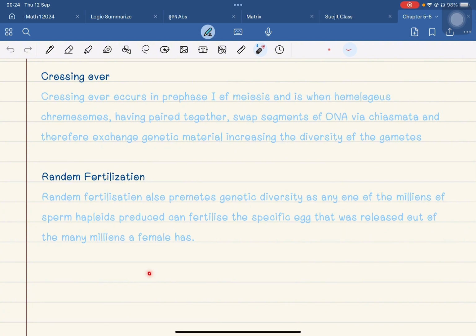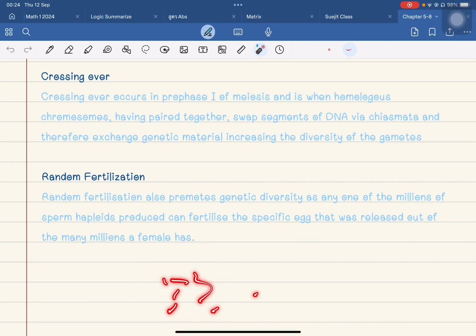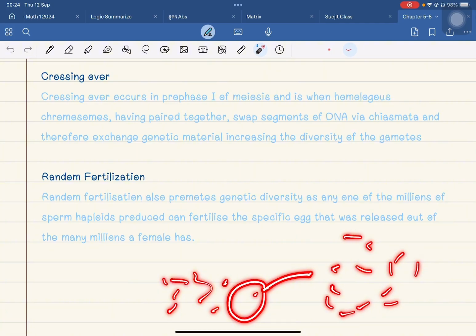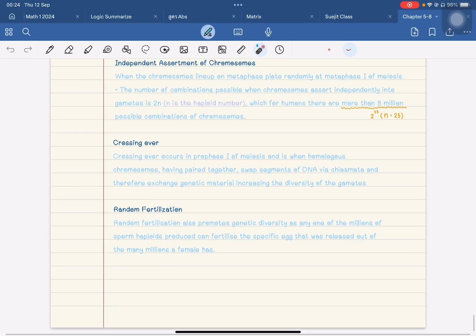So the millions of sperm from the male are randomly selected to match with one of the millions of eggs from the female. It is so random, right? So there can be many possible cases.